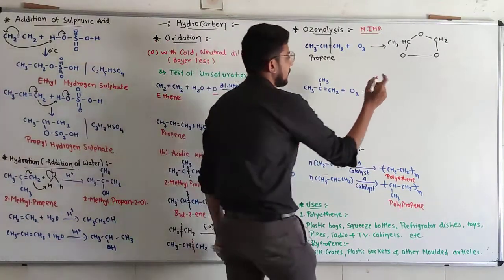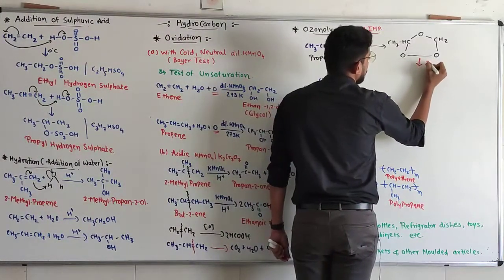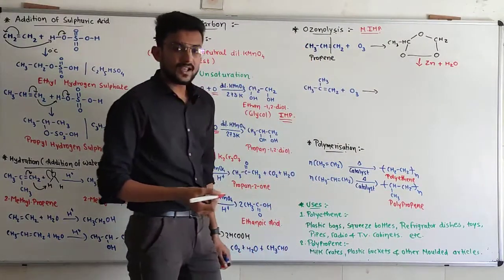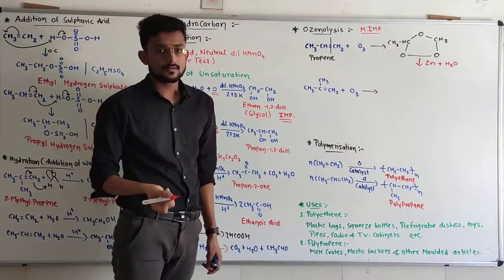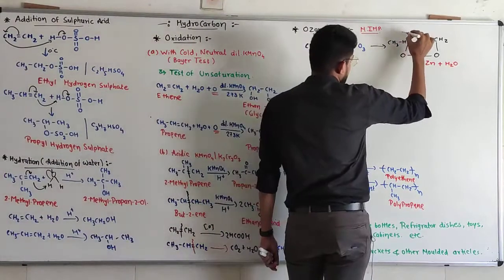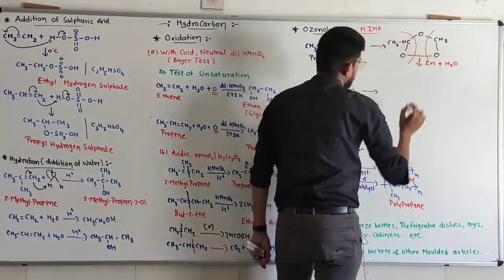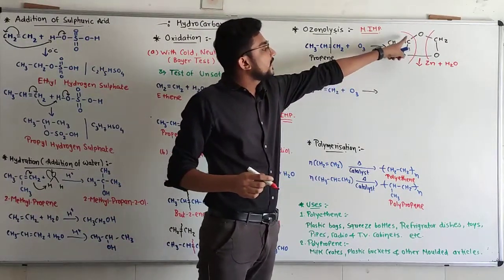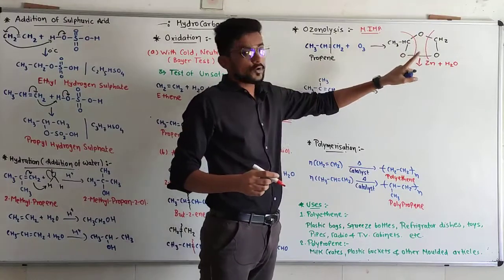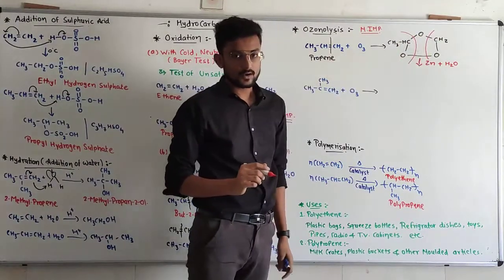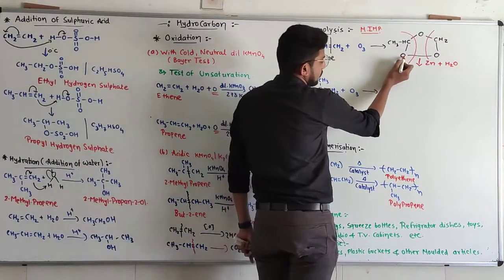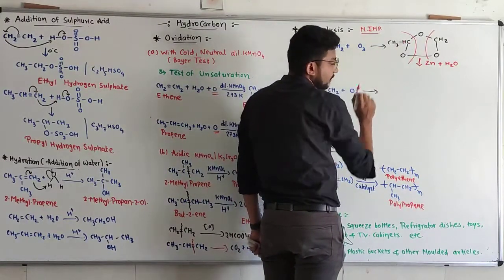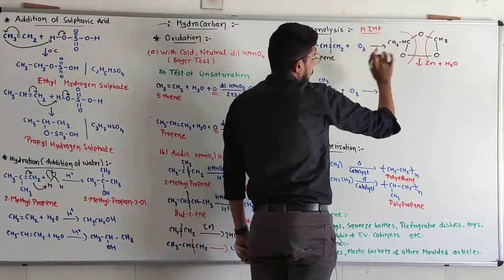Now, in the presence of zinc and water, oxidation takes place. Which type of oxidation? These two bonds will be broken: the carbon oxygen bond and the oxygen oxygen bond. So this oxygen will get a bond with carbon, because the carbon has fewer bonds and the oxygen has fewer.